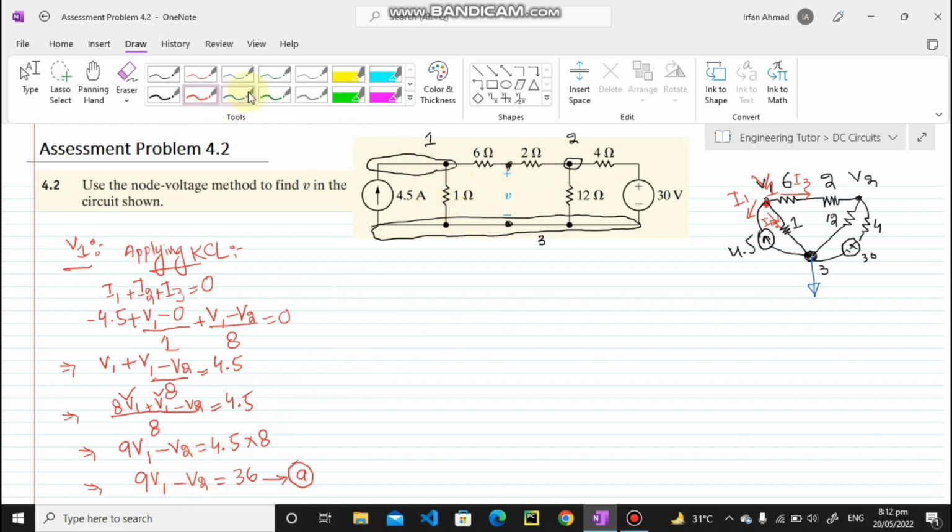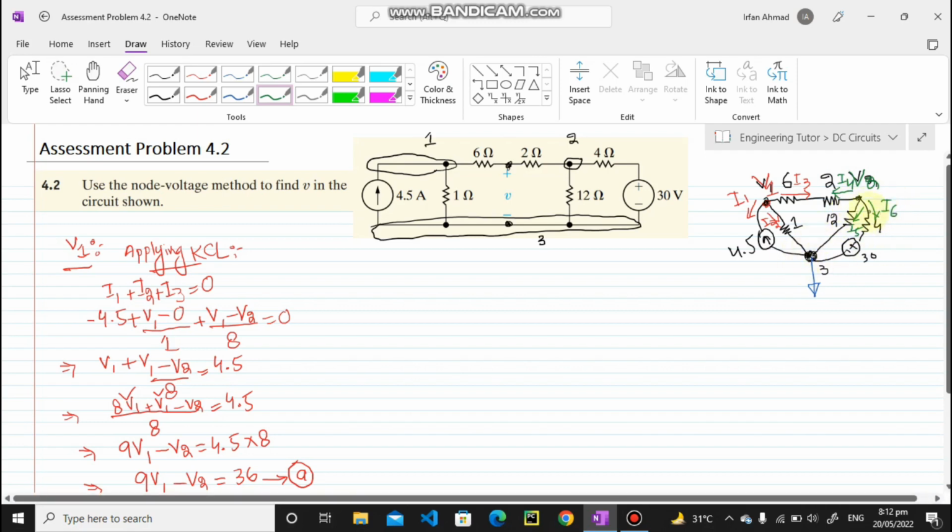Let me move towards the second node, which is V2, and let me represent it with the green color. Here again we have three currents which are moving away from this node. Let me call these currents I4, I5, and I6.